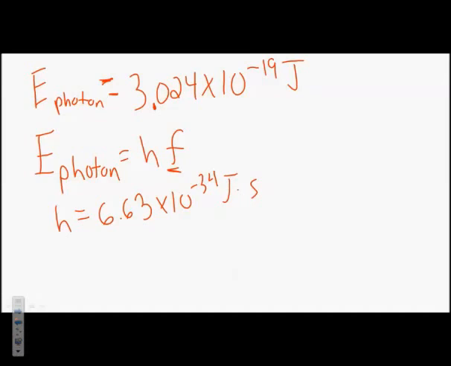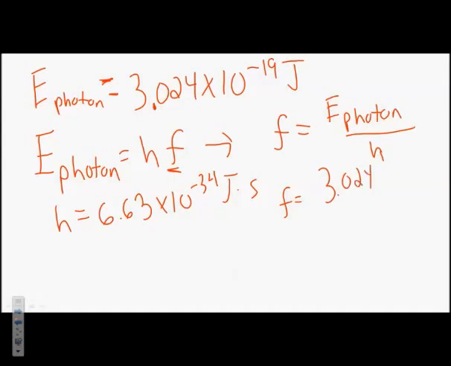And then we can solve. I'm going to rearrange this. Solve for f, so divide by the h, so the frequency is equal to our E photon divided by our constant. So we have frequency equal to our 3.024 times 10 to the negative 19 joules divided by Planck's constant.